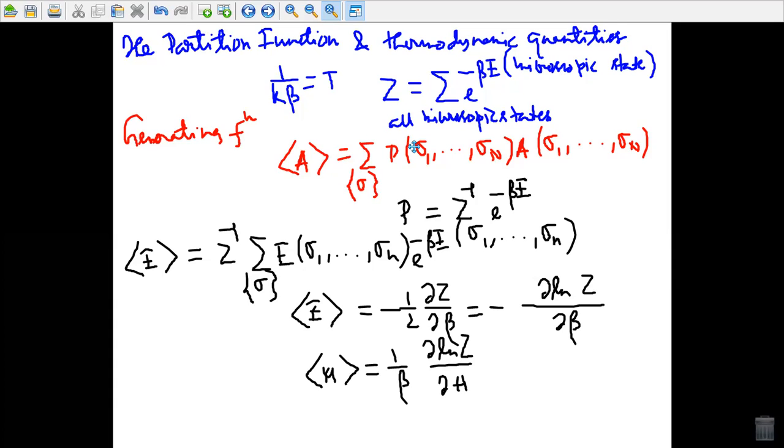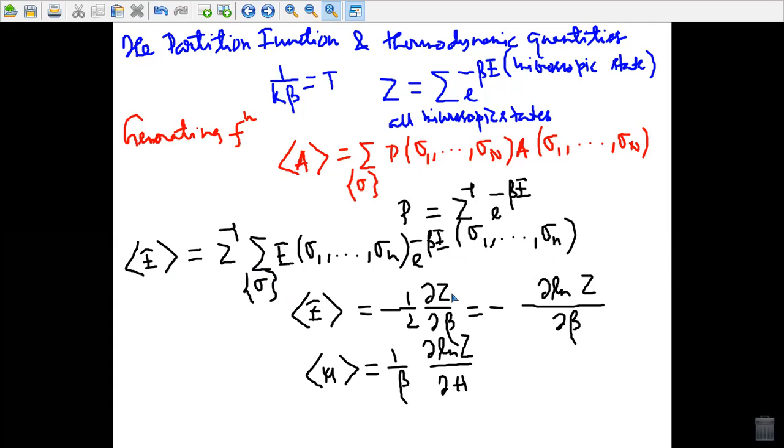For instance, the average energy at temperature T is an ordinary average with probabilities P equals Z inverse e to the power minus beta E, and the average E equals Z inverse summation over sigma of E(sigma 1 to sigma n) e to the power minus beta E(sigma 1 to sigma n), where the summation is over all possible states of sigma 1 to sigma n.